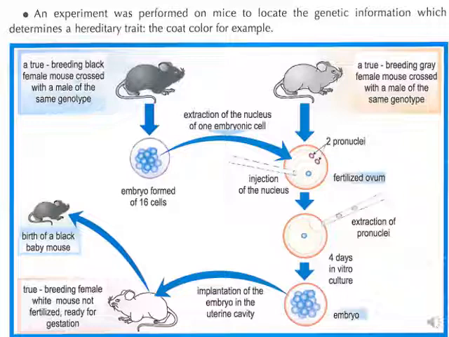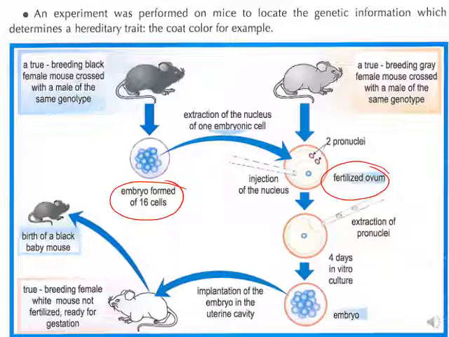From the cross of the black pair, an embryo of 16 cells is taken. Then the nucleus of one of these embryonic cells is extracted and injected into a fertilized ovum taken from the true breeding gray female mouse, which was crossed with the male of the same genotype.